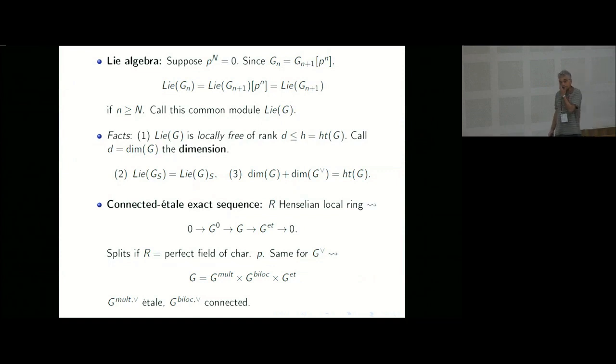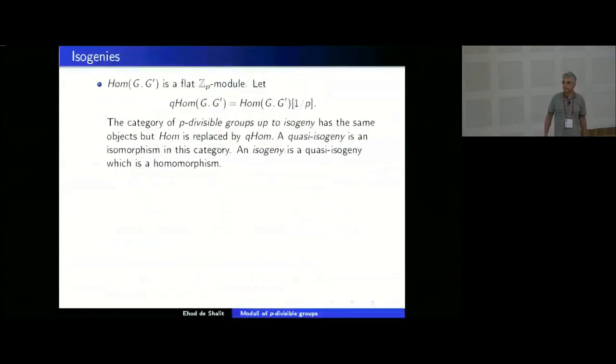And in fact, something that I could have mentioned before, if you also use over a perfect field this splitting for the Cartier dual, then you get over a perfect field of characteristic p that every p-divisible group breaks up canonically into a product of a multiplicative part, a bilocal part, and an étale part, where the multiplicative is such that it is connected, but its dual is étale, and the bilocal is such that it is connected, and its Cartier dual is also connected.